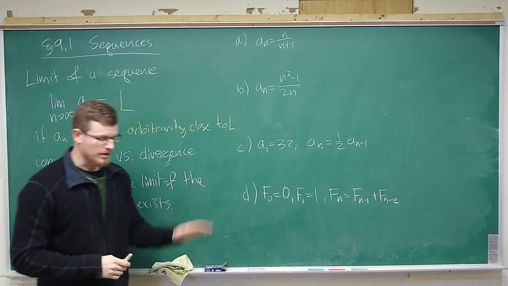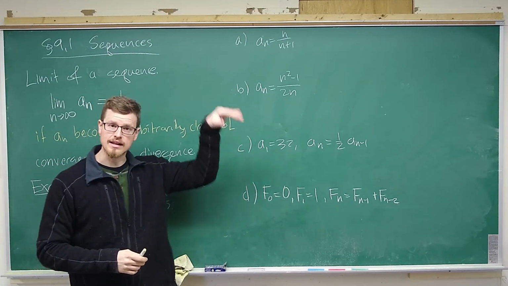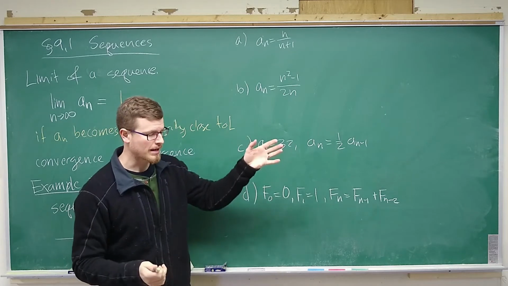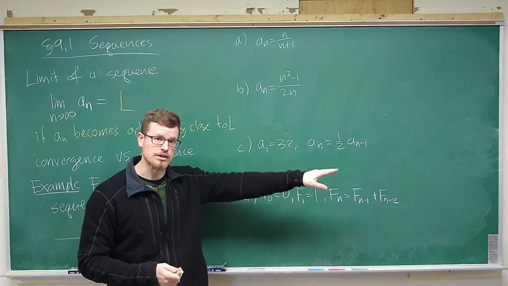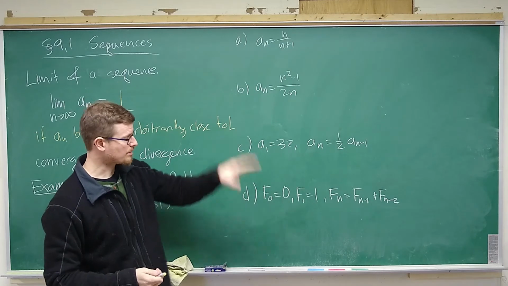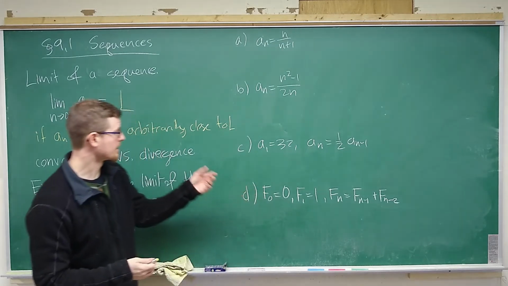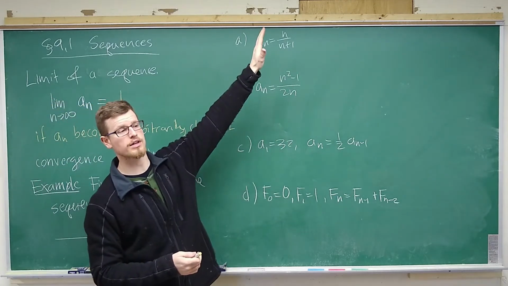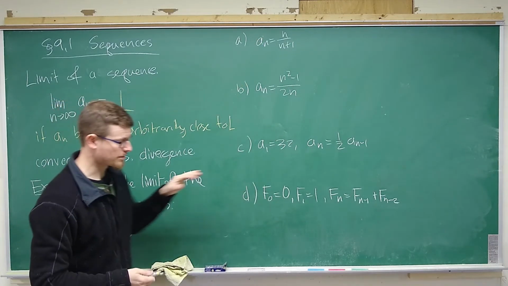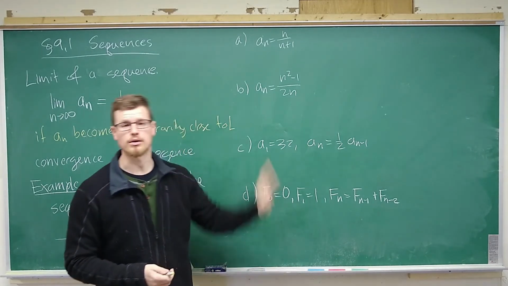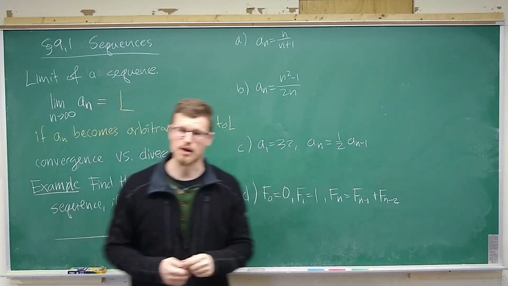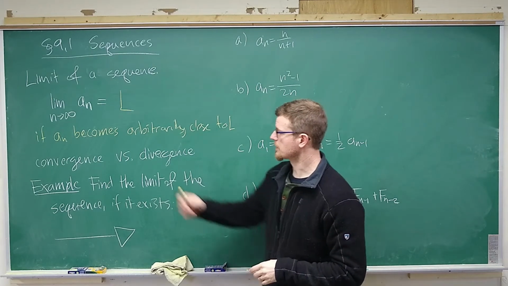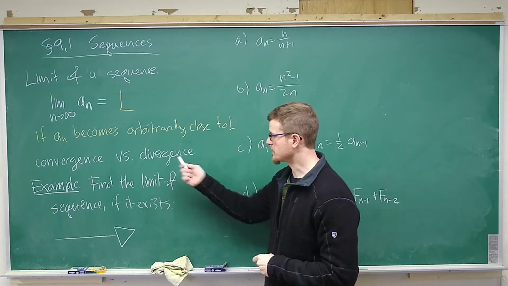If the sequence has values that oscillate and just continue bouncing back and forth between values, not eventually flattening out, then we have an oscillating sequence that does not converge. You could also have a sequence that goes off to infinity, or down to negative infinity. Of course, it can oscillate between those as well. So those are the different situations for convergence and divergence. Essentially, limit exists, limit does not exist.